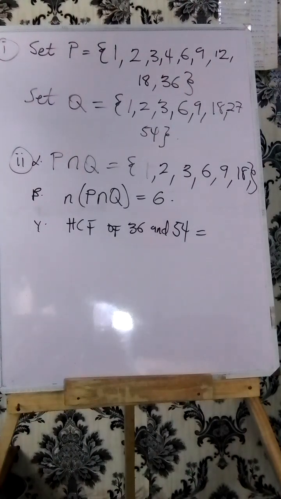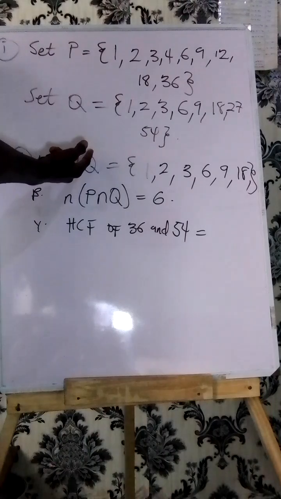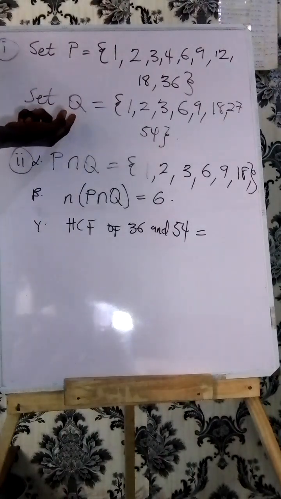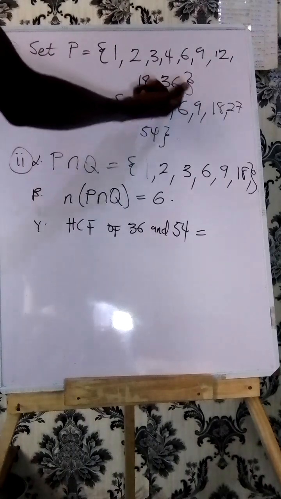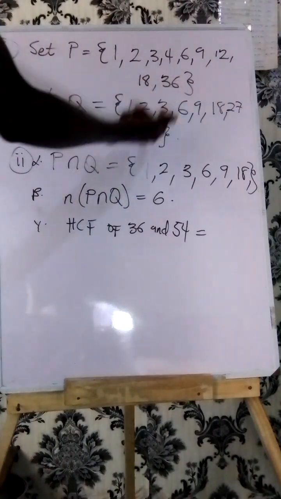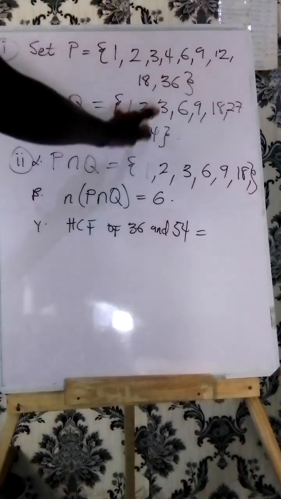So in this case, for us to know the highest common factor of 36 and 54, we should use the P intersection Q, because if we use the individual sets, we can have 36 here, 54 here, but they can't be the HCF because they are different.